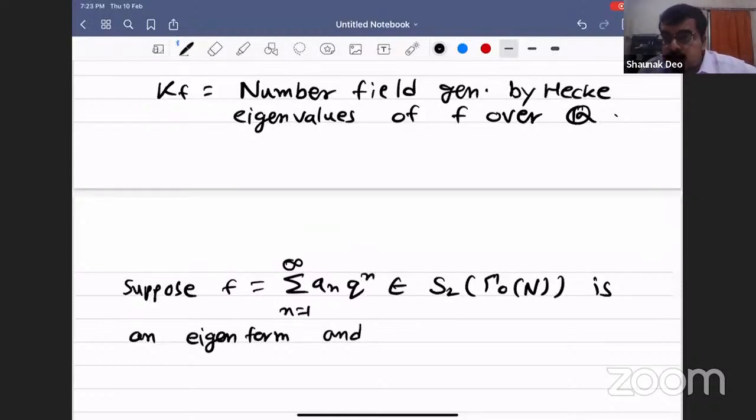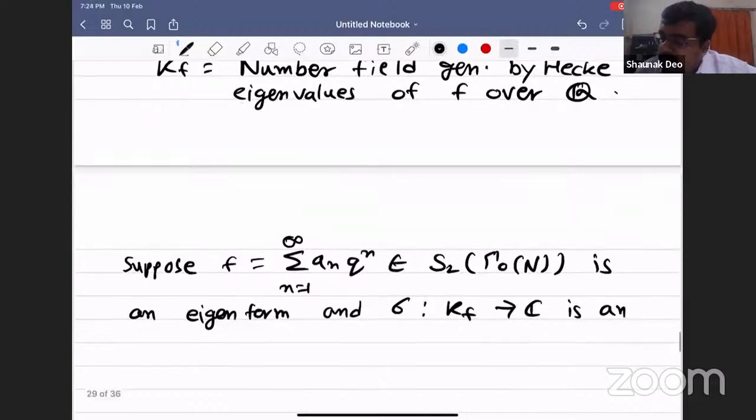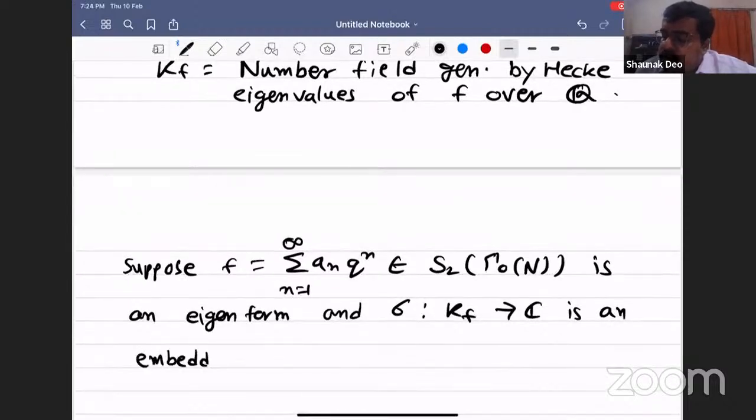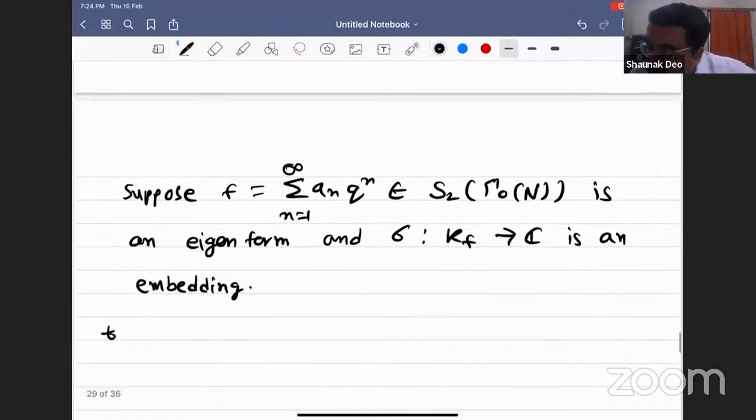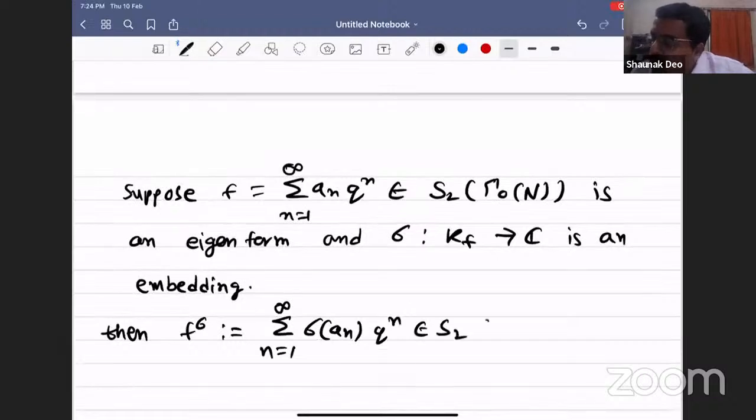If K_f is not Q, there is more than one way in which you can embed. So suppose sigma from K_f to C is an embedding, then obviously I can apply sigma to all the coefficients of f, and I would like to know what that is. Then it turns out that that is also an eigenform of the same weight and level. Then f^sigma, which I define to be the sum for n from 1 to infinity of sigma of a_n q^n, is also in S2 of gamma naught of n, and this is also an eigenform.